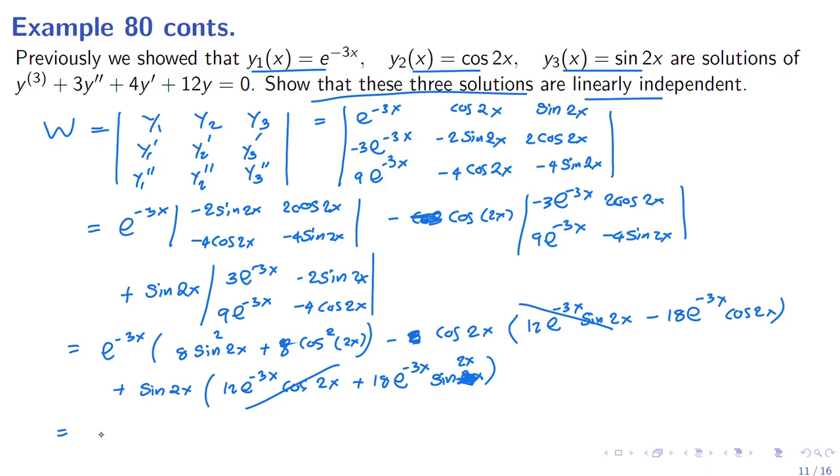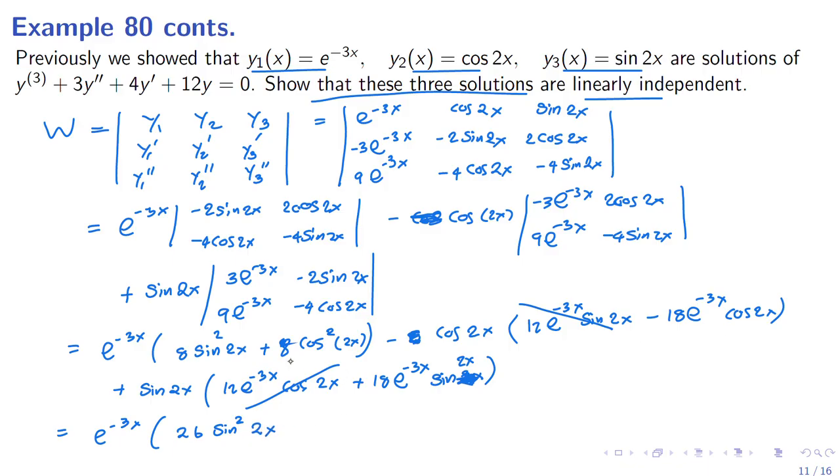We'll have e to the minus 3x as common. We have 8 times sine squared 2x and then another 18 times sine squared 2x, and 8 plus 18 is 26 sine squared 2x.